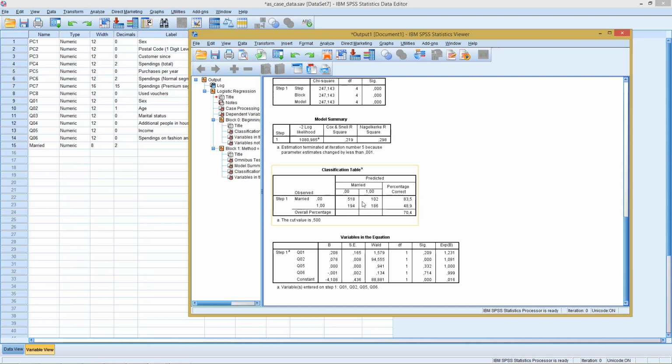But the errors are smaller than the rightly predicted values. So we have an overall hit rate of above 70%. So 70% can be classified correctly with a model where basically only the age plays a significant role.